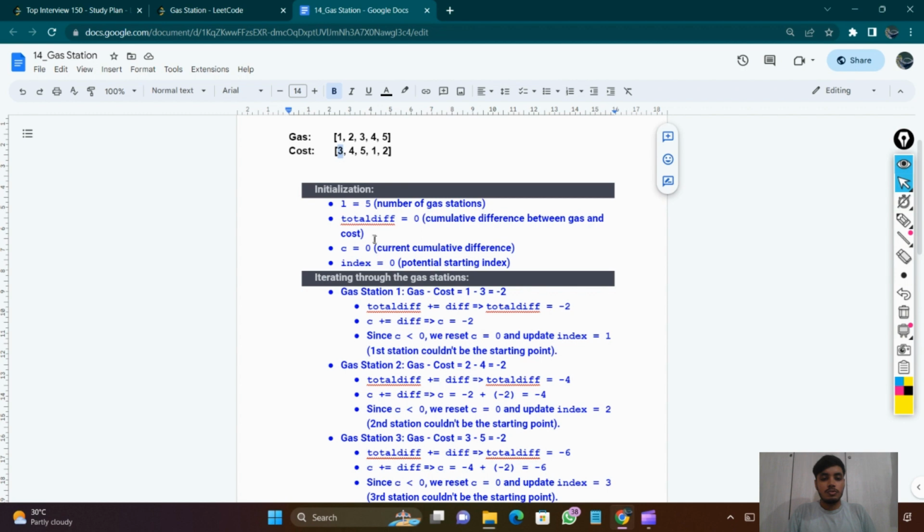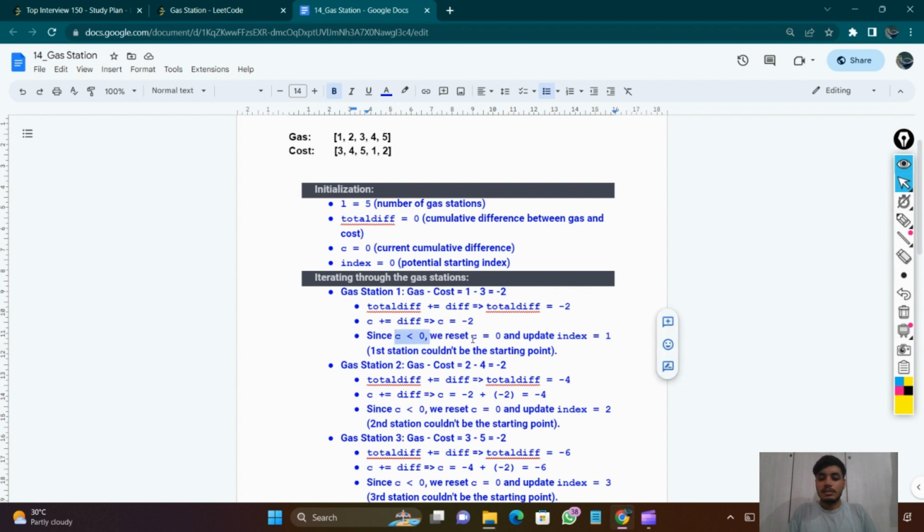So what is going to be our current cumulative difference? It is going to be -2. First we increase our total difference, because we are going to maintain it for our whole loop, and we also increase our current difference. So our current difference is going to be -2, and by using this we check if C is less than 0.